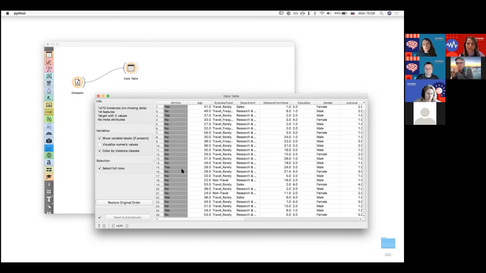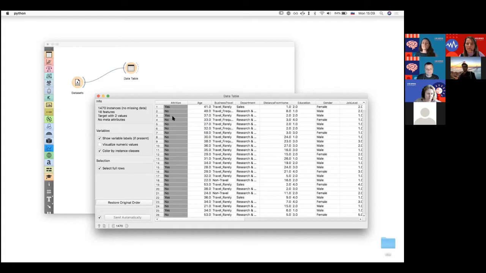And the reason this column is gray is because it's a special column. So this is called a target variable, class variable, dependent variable. But essentially, this is something we would like to predict. So in predictive modeling, the aim is to take the data and to predict something at the end. So here we are predicting whether a person quit the job, quit from the company or not.